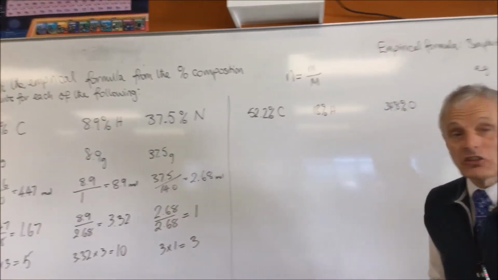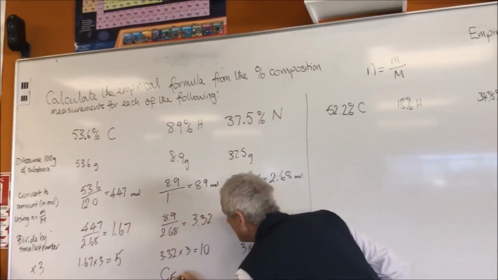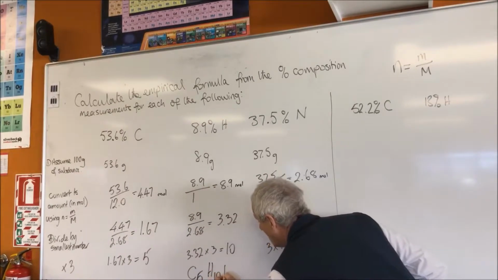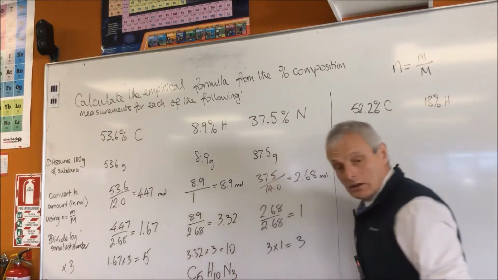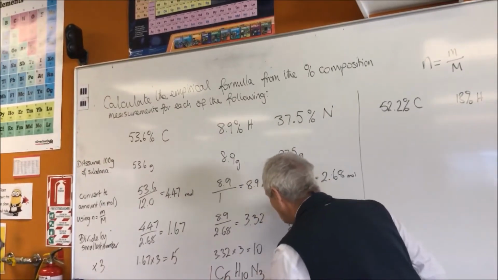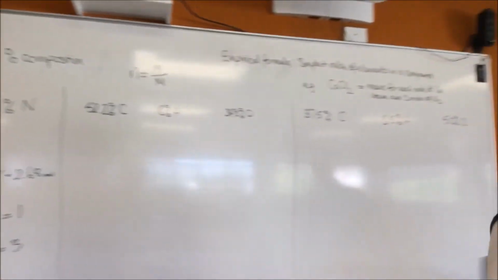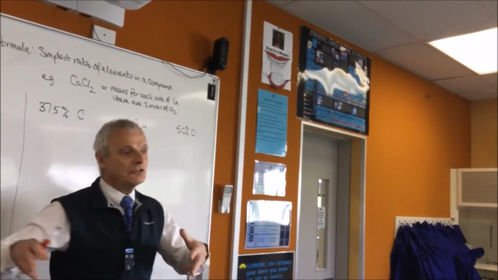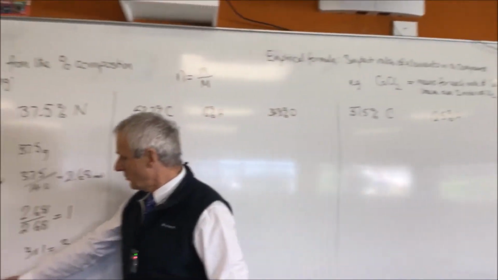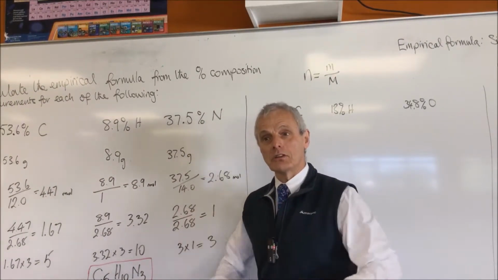And that's telling me then that the formula is C5H10N3. And if we look carefully at that formula, it starts to make sense, because what we started by doing was dividing by the smallest number that would give us 1 to something. In fact, it's 3 to 10 to 5. So we needed to multiply everything by 3 to get it like that.